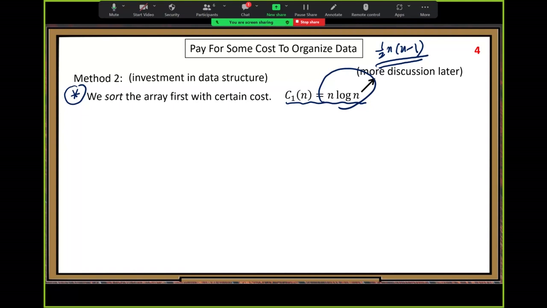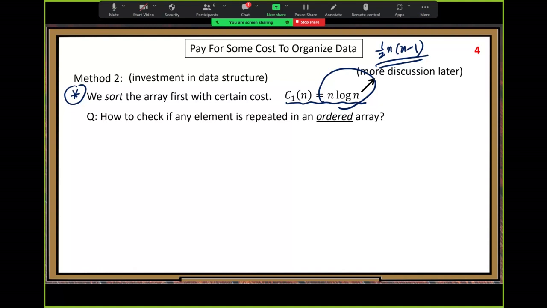When we work on an ordered array, we can do much faster than before. So that's the main point. Here, the question: how to check if any element is repeated in an ordered array.